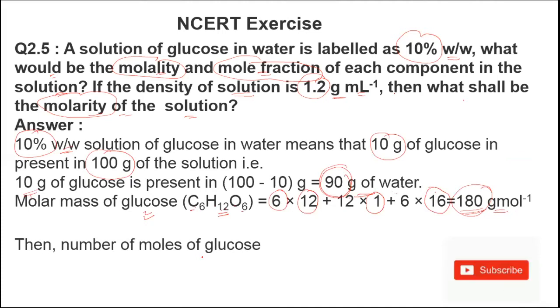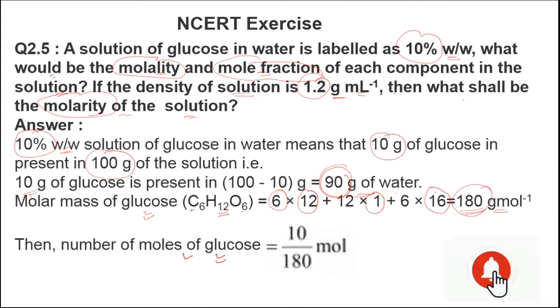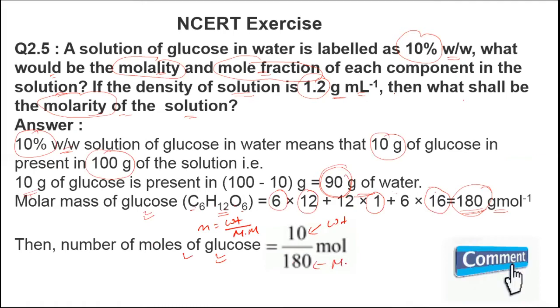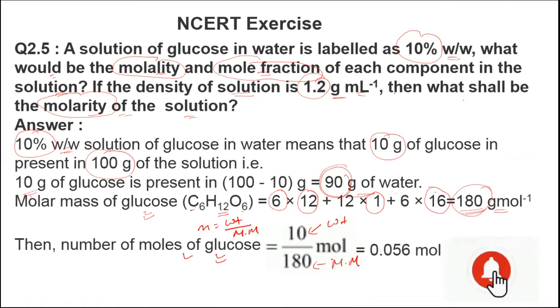Then the number of moles of glucose is equal to weight upon molar mass. So 10 gram is the weight and 180 gram is the molar mass. The net value comes to be 0.056 mole. So these are the number of moles of glucose.